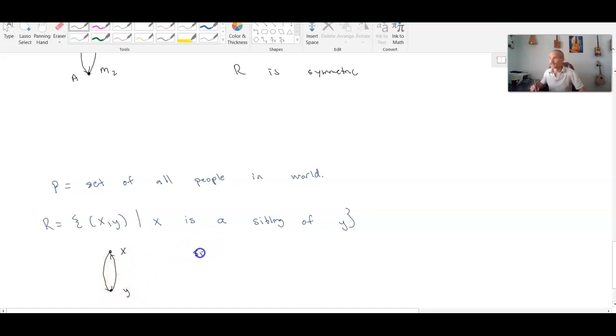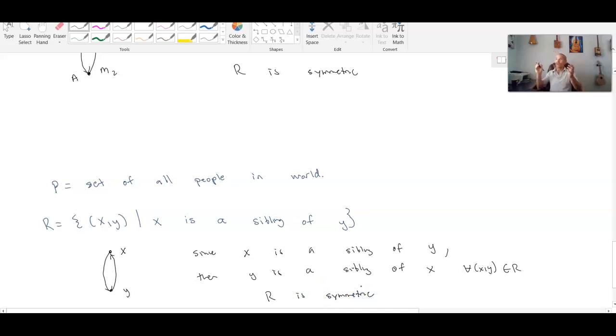So since X is a sibling of Y, then Y is a sibling of X for all such pairs in the relation. Therefore, R is symmetric.